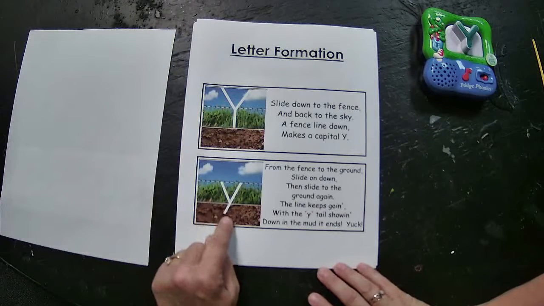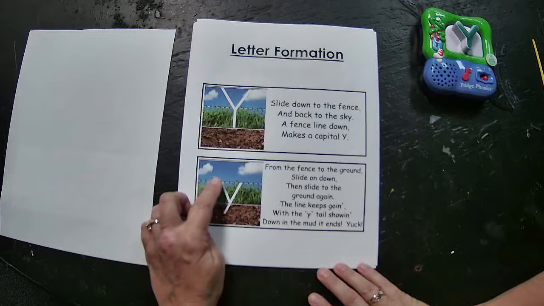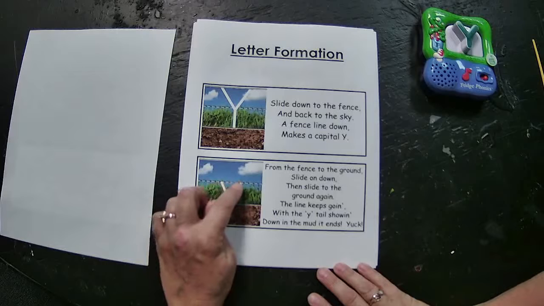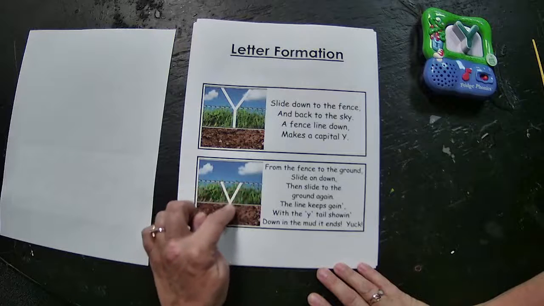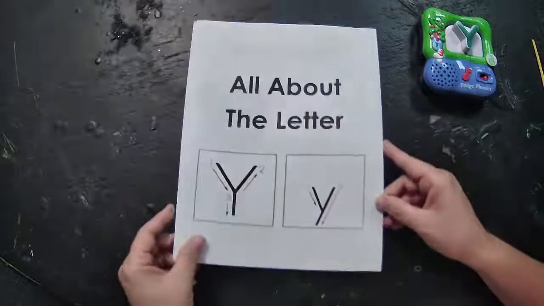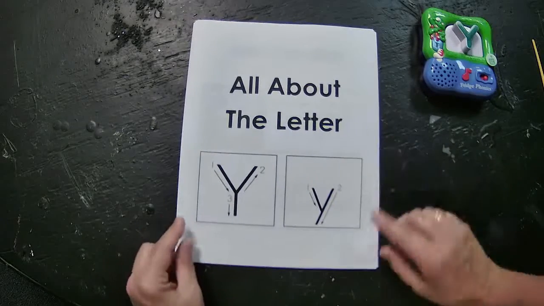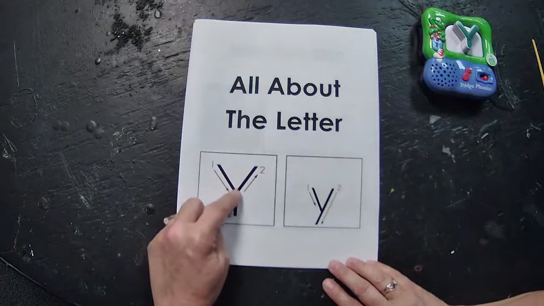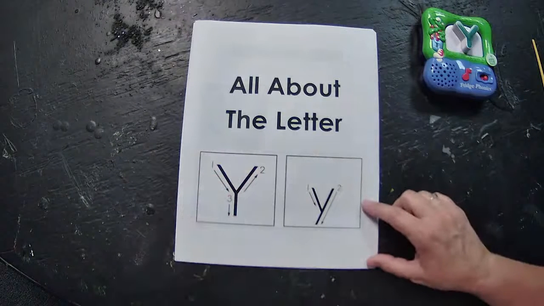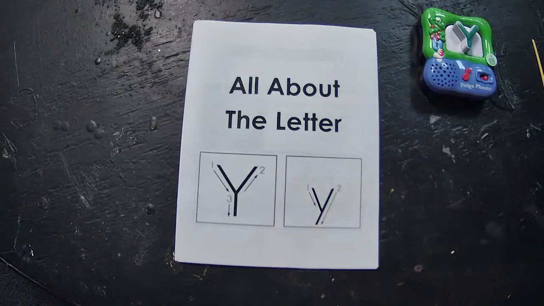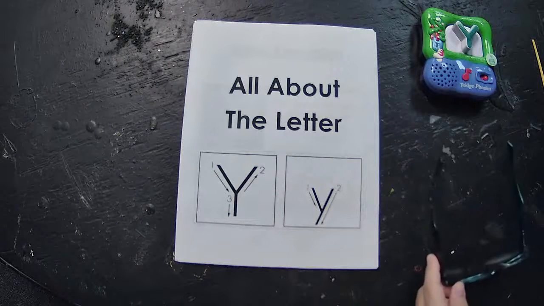And for the lowercase y, it starts at the fence, one line stops at the ground, but the other one starts at the fence and goes down into the dirt, okay? And finally, we know that the uppercase Y has 3 lines, 1, 2, 3, and our lowercase y has 2 lines, 1, 2. Okay, good job with that.